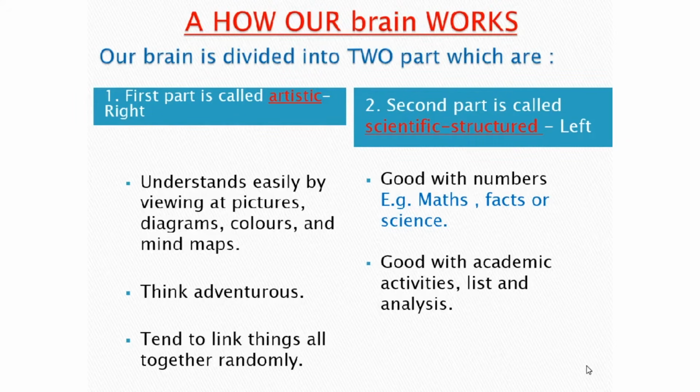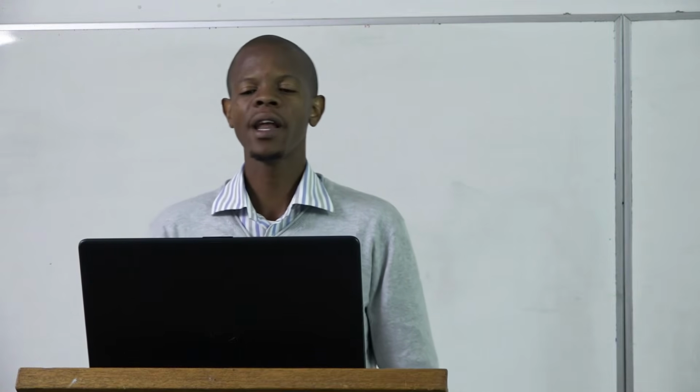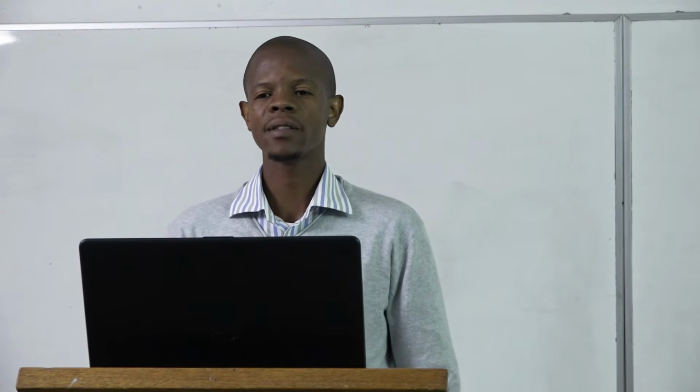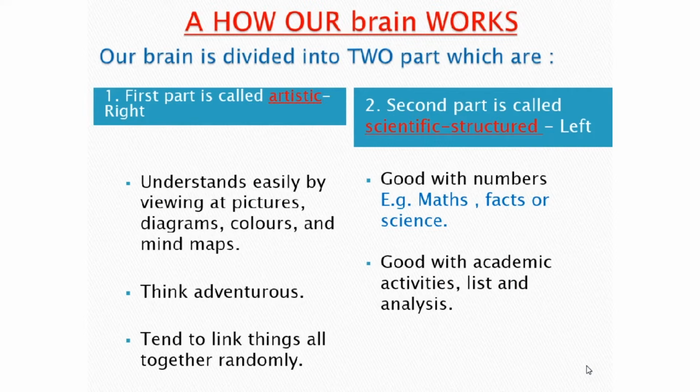Now, before we can understand how our brain works, let us first understand how our brain is divided. Basically, our brain is divided into two parts. The first part is on the right-hand side of our brain, and that part is called the artistic part.